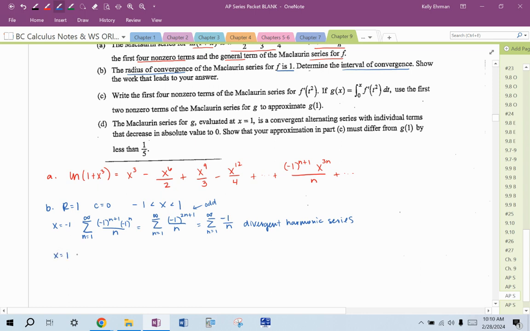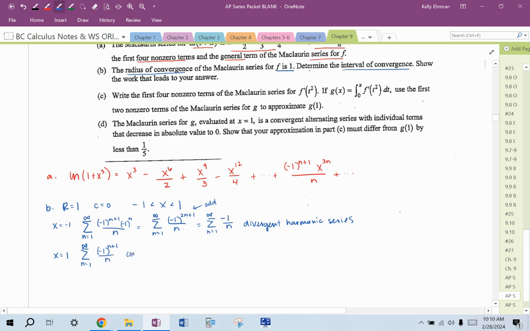Let's check when x equals 1. Even if you know in your head how this is going to be, you need to write it down for the free response. So when you plug in 1, you're going to get the original negative 1 to the n plus 1. We don't need to say 1 to the n. So that's just there. It's still over n.